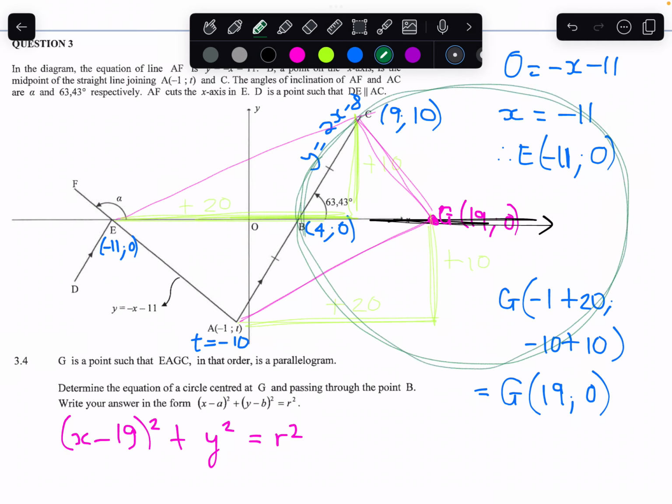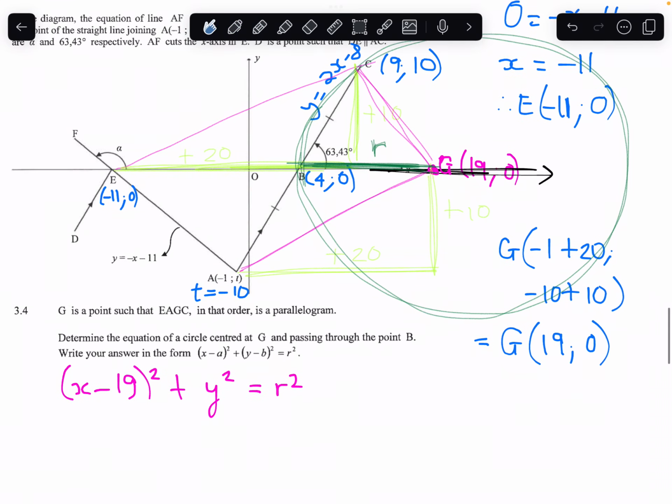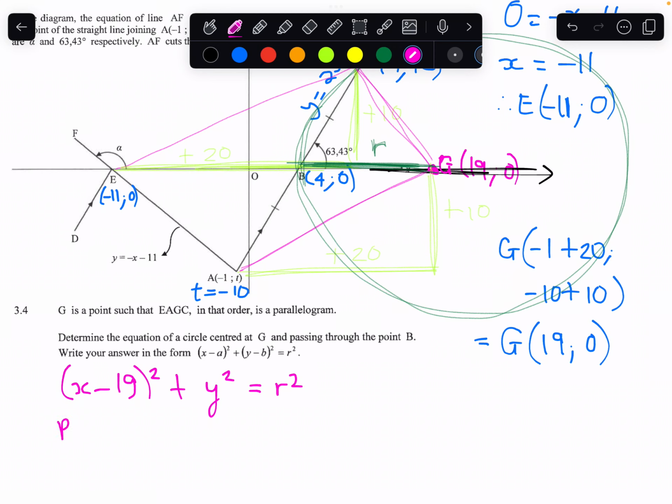So that means this over here is a radius, to go from the center to one of the points. We don't even need to use the distance formula because they're on the same horizontal line. So we can just say here BG is a radius of the circle.